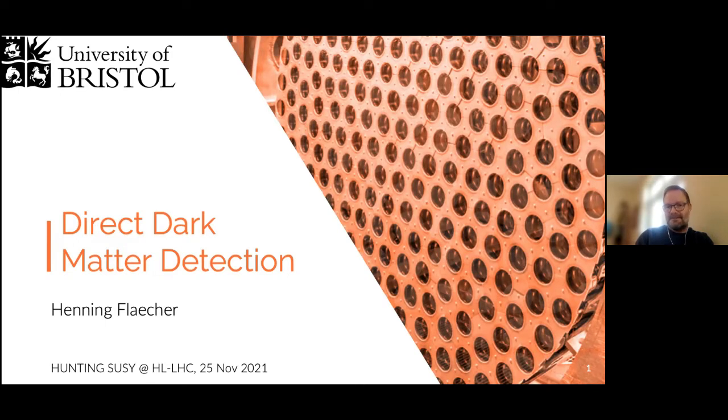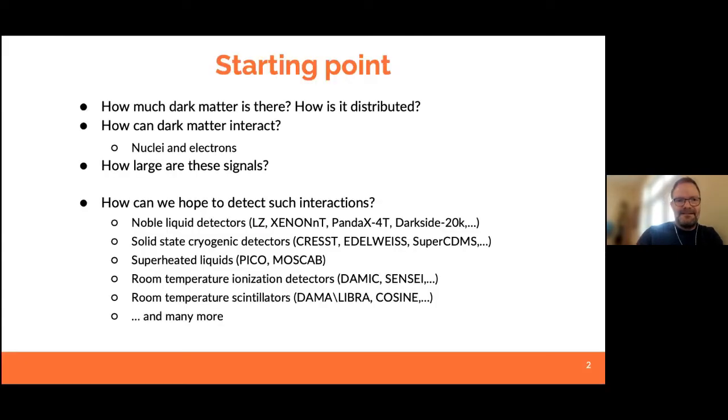And I guess what I'm doing today is to dig a bit deeper, to go a bit more into the details, but maybe explain a little bit more how these searches work, how different measurements are done, and to talk a bit more about the different experimental approaches. So apologies if you've already heard this introduction, but I hope it's useful to set the scene.